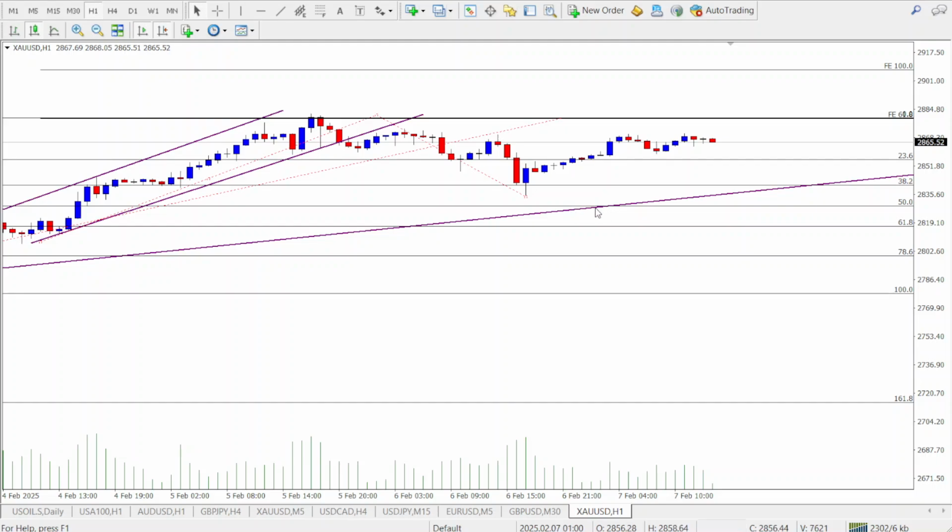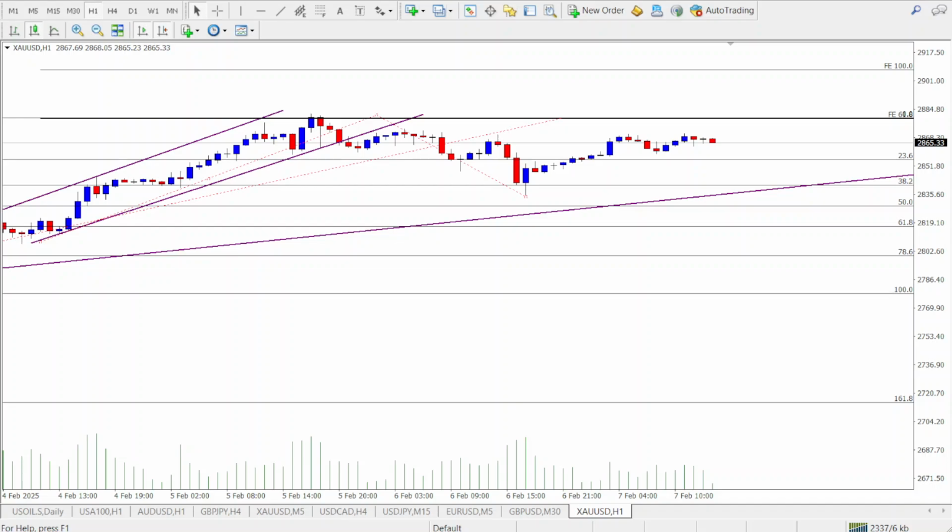Now, it didn't reach the 50%, but if you just jumped in to enter at 38.2%, what if it had gone further downwards? But after the price got rejected and formed this bullish candle, then you could have entered a buy trade, because at that point, it shows that it was rejected around the 38.2% level. So always wait for your confirmation, basically, before entering your trade.